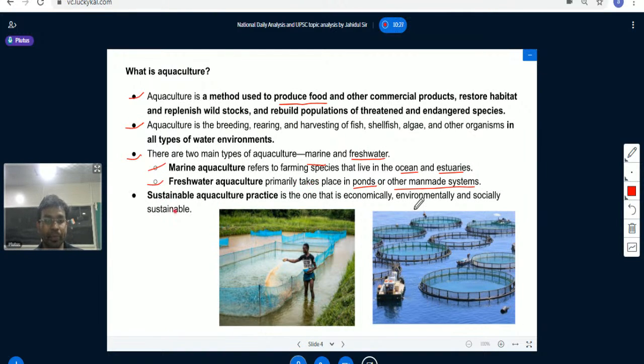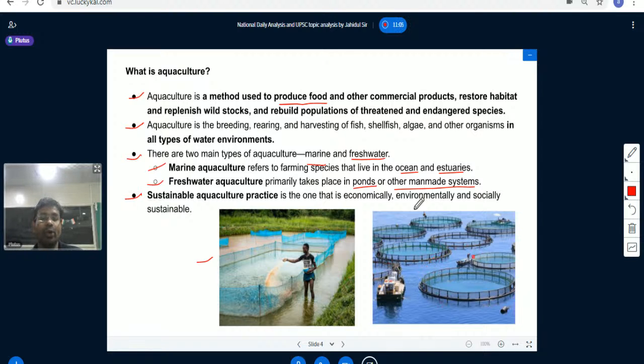Then we have sustainable aquaculture practices, which are aquaculture practices that are economically, environmentally and socially sustainable. Over here you can see two images. There is a person doing aquaculture in a pond, in a man-made system, so it can be considered freshwater aquaculture. On the right hand side you can see another image.